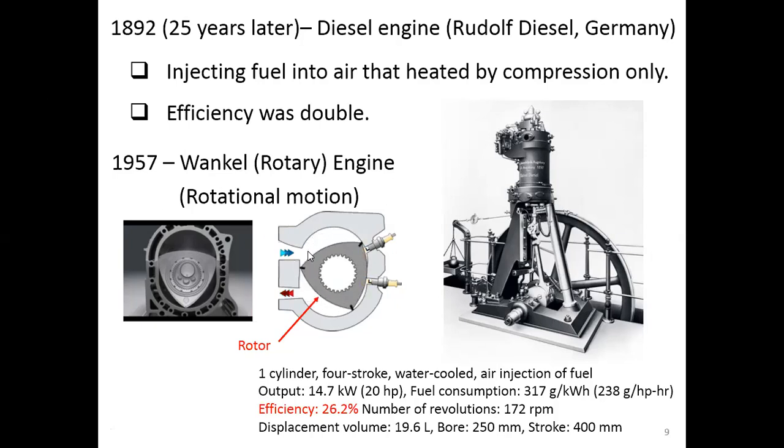So he thought, why do we not create a rotary motion directly in our cylinders? So we need not use a rack and pinion to change linear motion into rotational motion. So the Wankel engine came up, because you can see that the piston is replaced by the rotor here, and the rotor is rotating within the cylinder here.